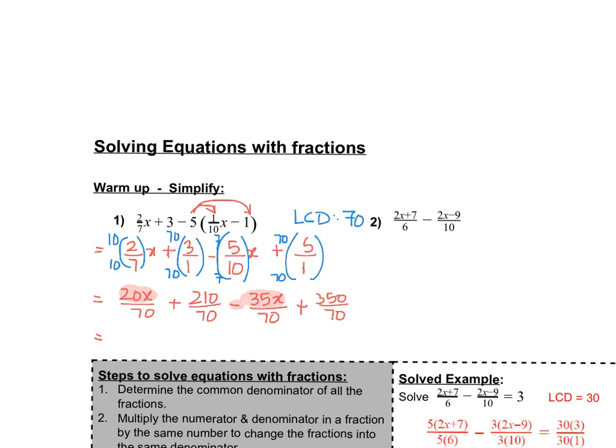Remember to take the negative with it. And then you have 210 and 350. So now when we simplify and put like terms together, they will be equal to 20x minus 35x, which will be -15x, plus 210 plus 350 is 560. And all of this has a common denominator of 70.